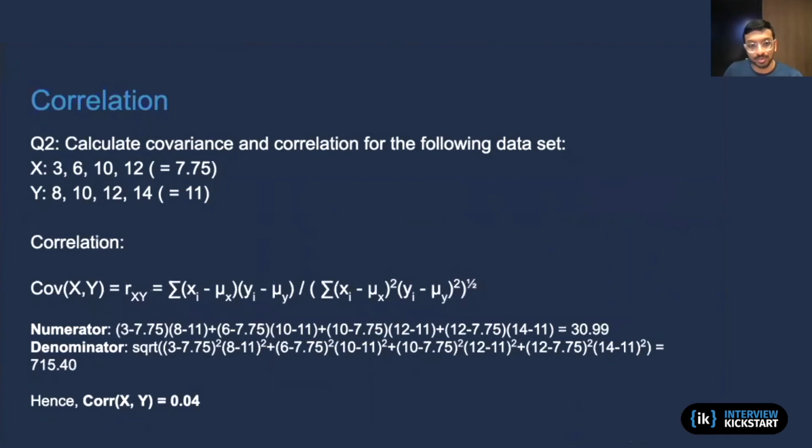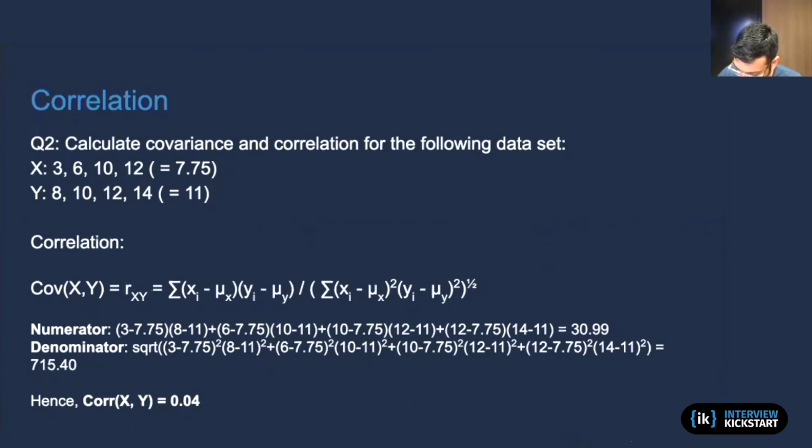So let's go about calculating the correlation. We have the same 4 points. We're going to plug them into this formula that we came across, and obviously it's complicated. So over here we have the numerator and the denominator separately.